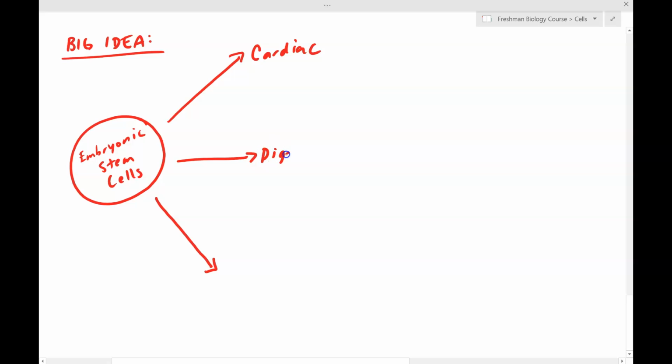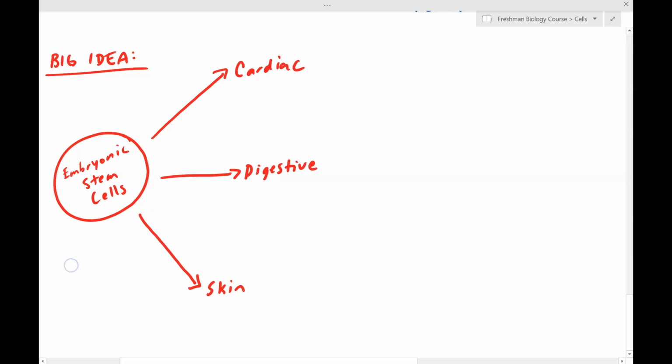We could have digestive cells. Right? We could have skin cells. Okay, let's take the digestion cells and use those as our example. All right, so we go from, again, embryonic cells. We'll use our digestive cells as our example.